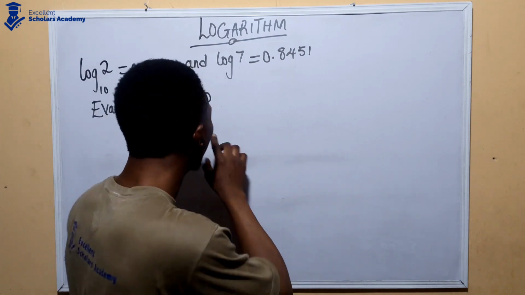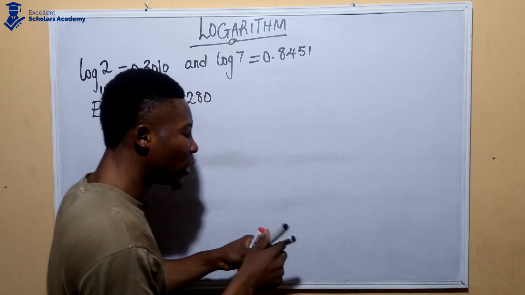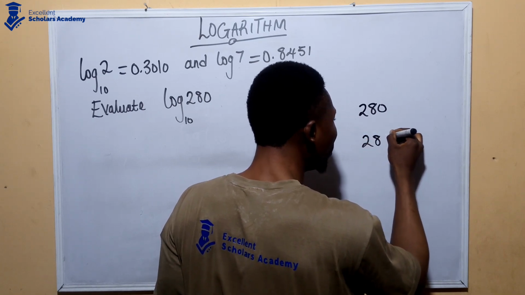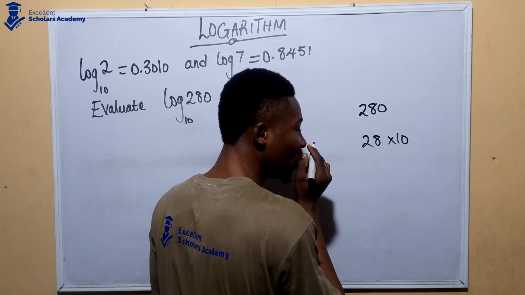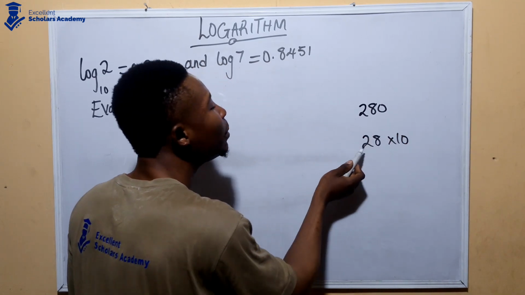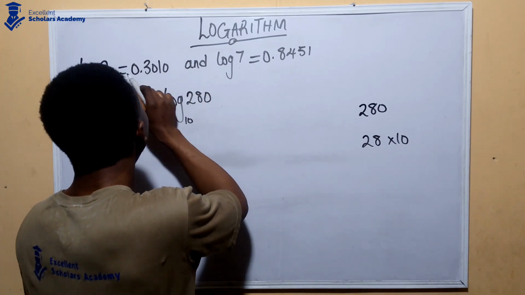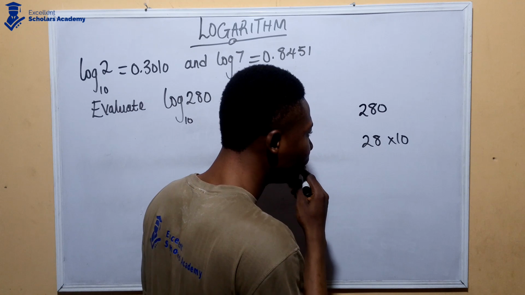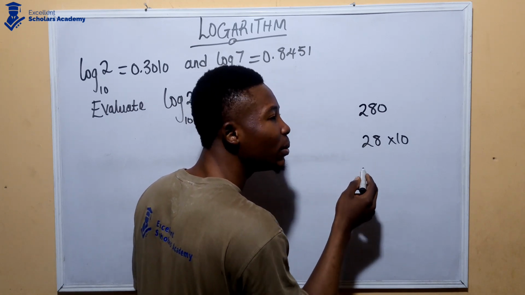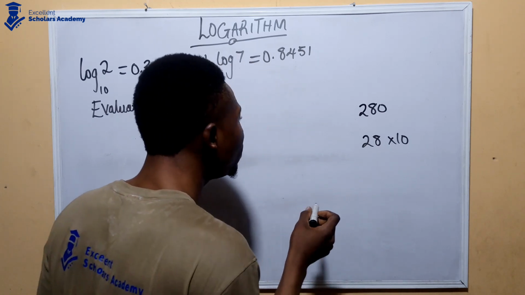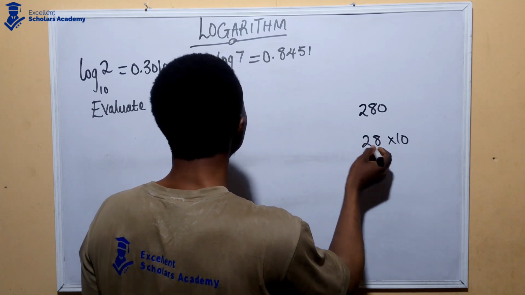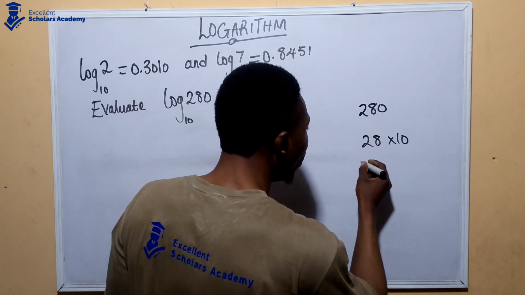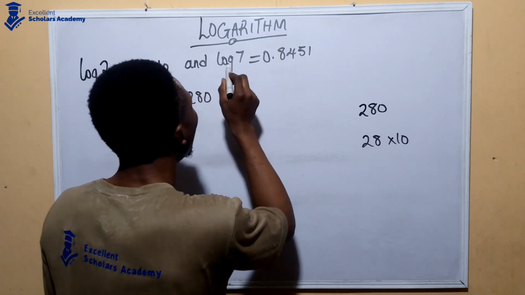Now let's analyze 280, because we have to evaluate 280. First of all, we know that 28 multiplied by 10 gives us 280. Now, how will I express 28 to have 2 and 7 inside? What numbers can I multiply that will give me 28 and have 2 and 7 inside?